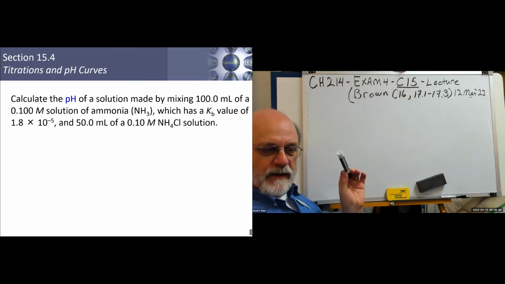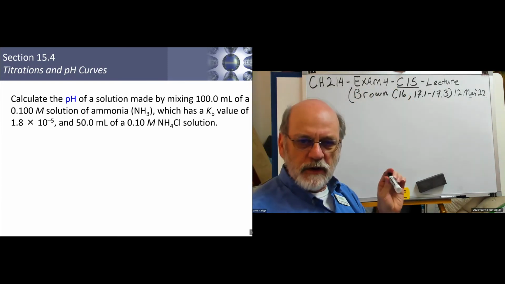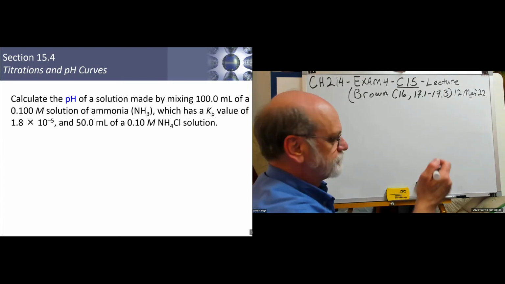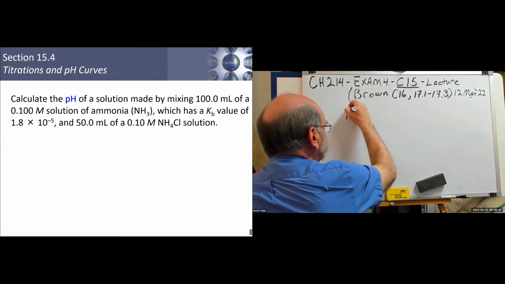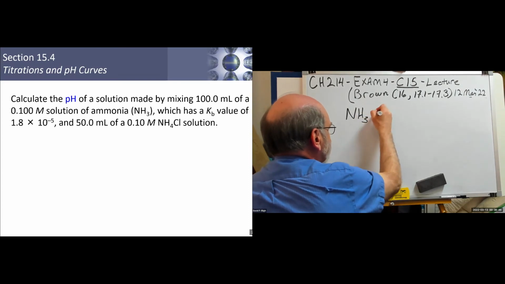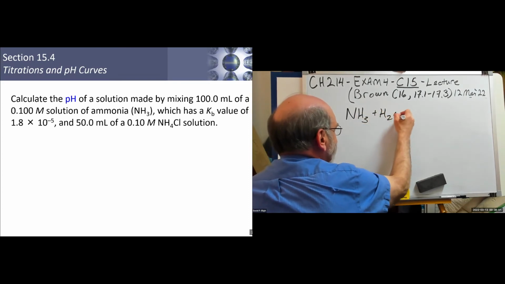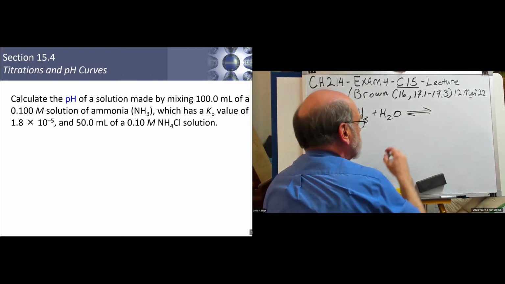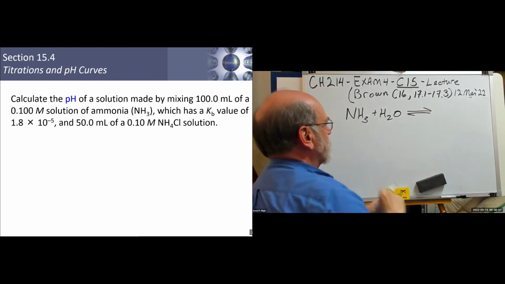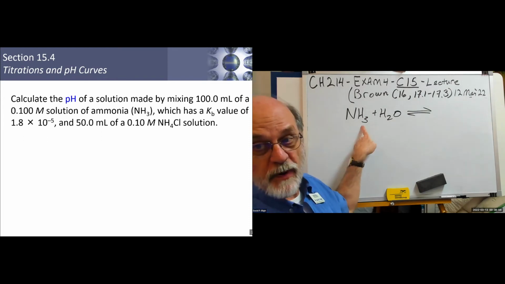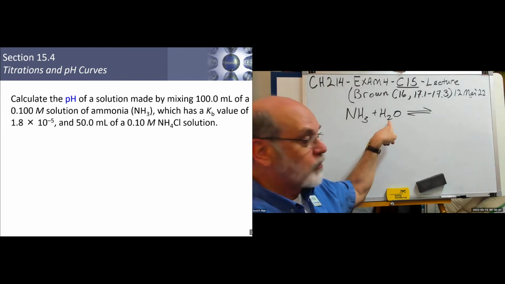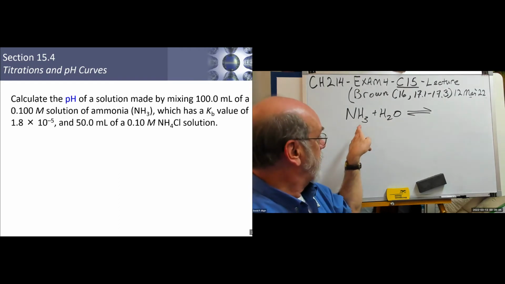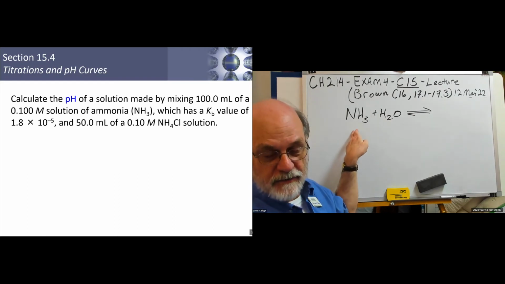All right. So when ammonia is put in water, what's going to happen? You're going to set up an equilibrium where you transfer one of these protons. So now water is the acid and ammonia is the base.